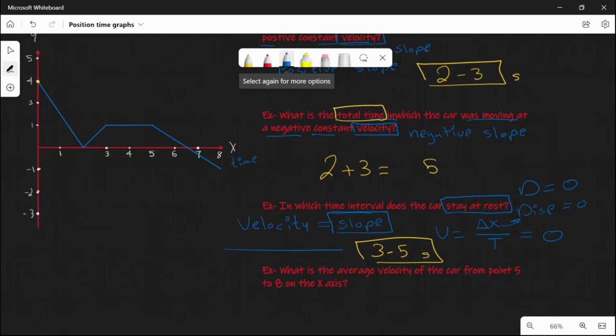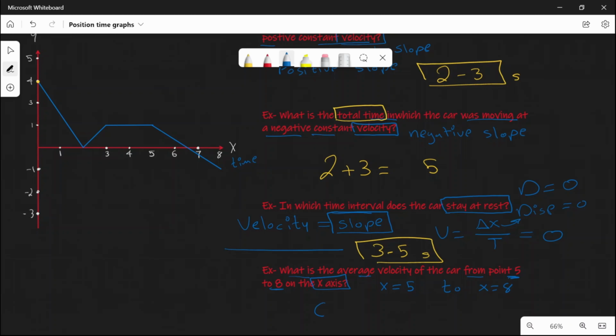The last example. What is the average velocity of the car from point 5 to 8 on the x-axis? So here he wants us to calculate the velocity. In other words, he wants us to calculate the slope of the function from x equal 5 to x equal 8.